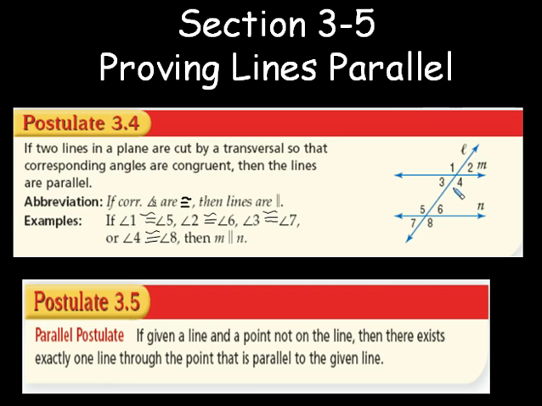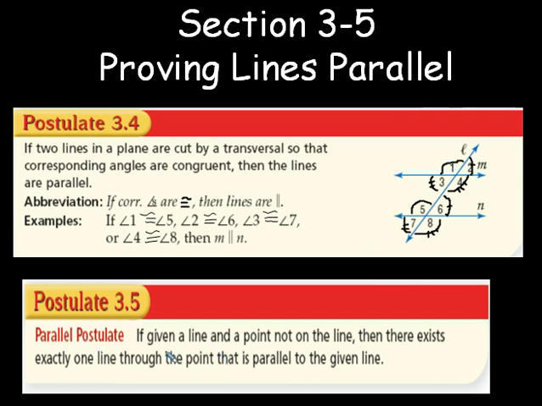So if we know that 1 is congruent to 5, and 2 is congruent to 6, and 3 is congruent to 7, and 4 is congruent to 8, and all those sets are congruent, then we know for sure that line M is parallel to line N.